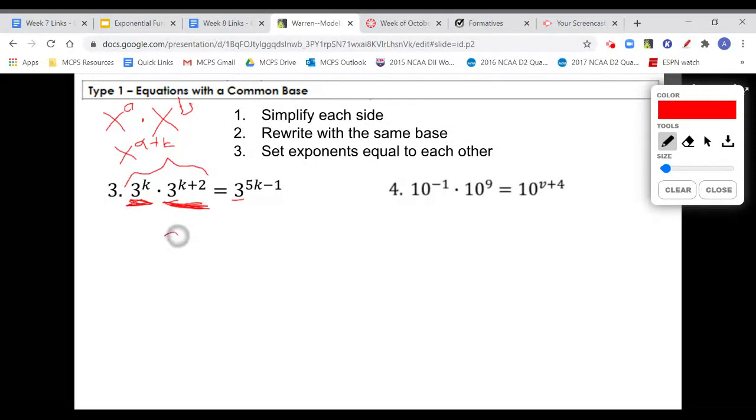So here I'm going to keep the base of 3, and I'm going to add the exponents. So I have k, and then I'm going to add that to k plus 2. And that is just equal to the other side of the equation. I don't know why I put the equal sign all the way up there. But the other side of the equation was already simplified, so I just leave that as 3 to the 5k minus 1.